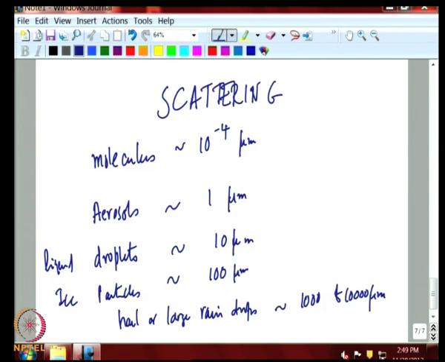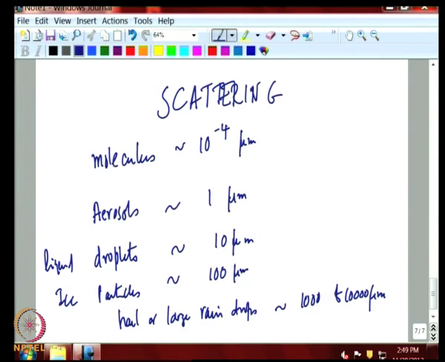So, what you find is that the particles in the gaseous medium that we encounter either in engineering or in the Earth's atmosphere can range in size from 10 to the power of minus 4 micron to 10 to the power of plus 4 micron. So, a huge range of particle sizes, and as you will probably realize, their effects on radiation are different.